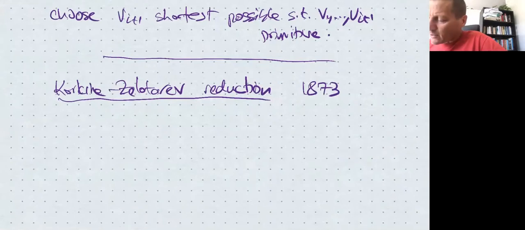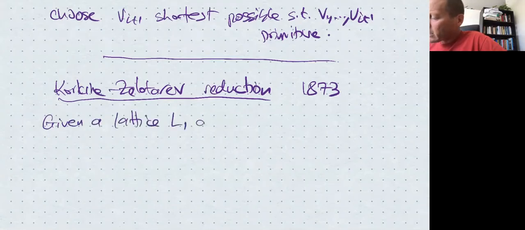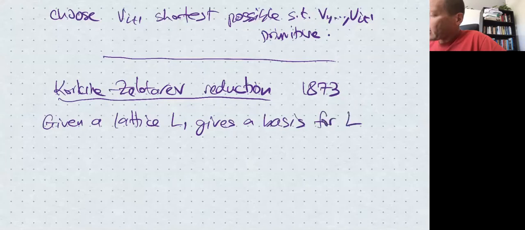So given a lattice L, give a basis for L, and I'll write in brackets something which is not precise.